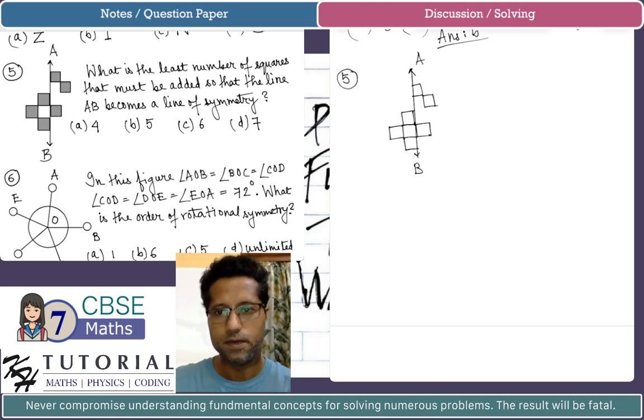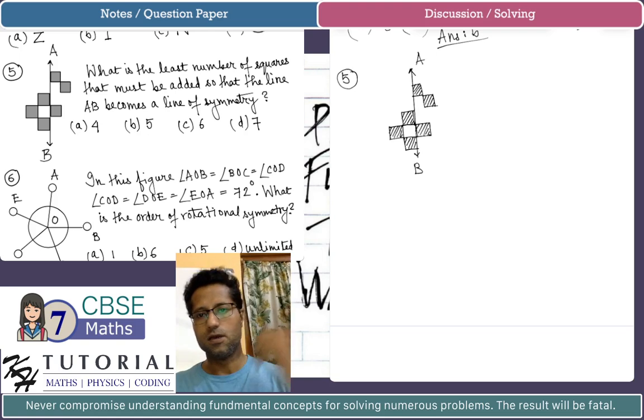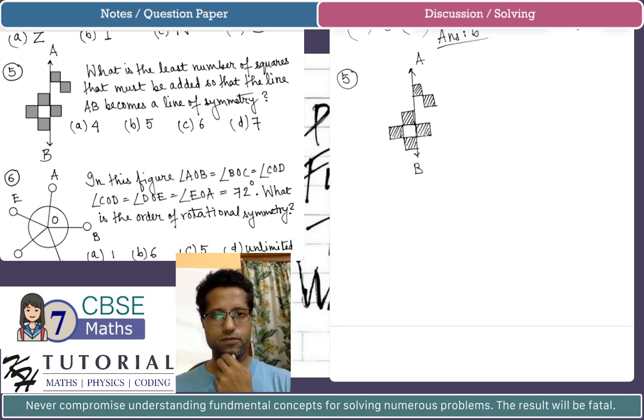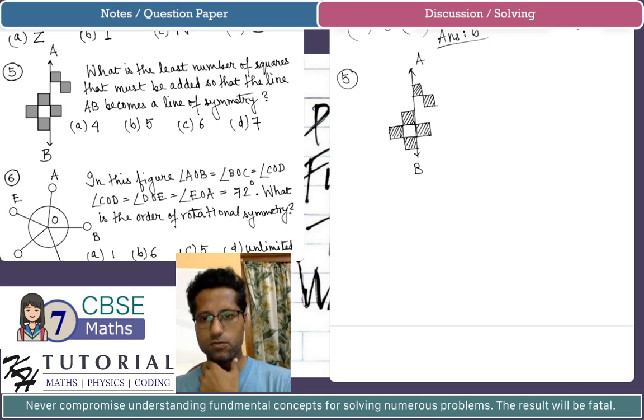Now let me approximately shade the squares so that we get a clear picture. So this is roughly the given figure, and we have to add these shaded squares. So what is the least number of squares that must be added? That means the least number of these shaded squares in the figure that we must add to look identical.